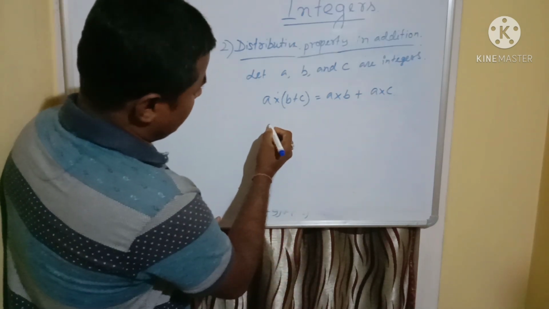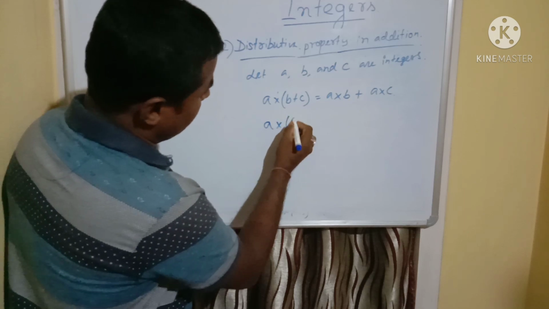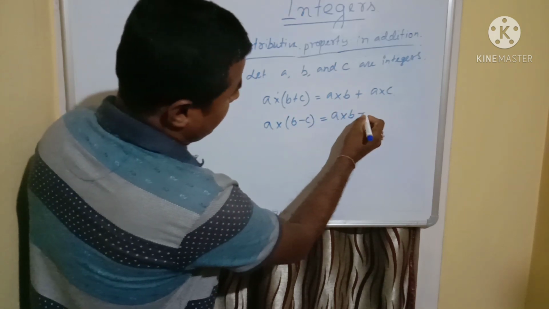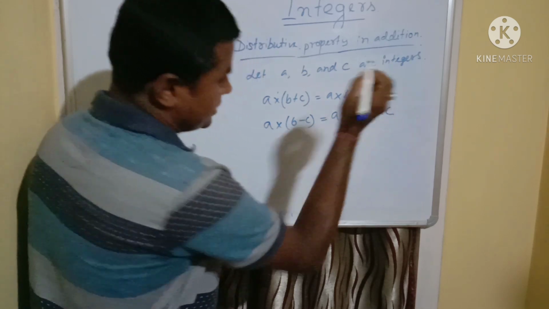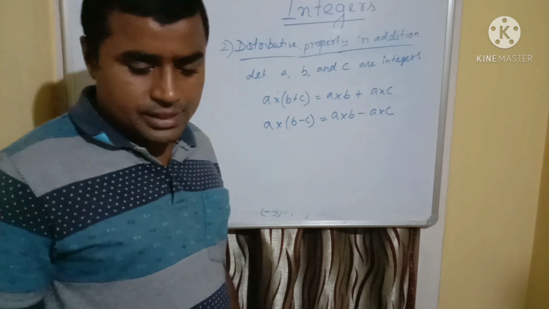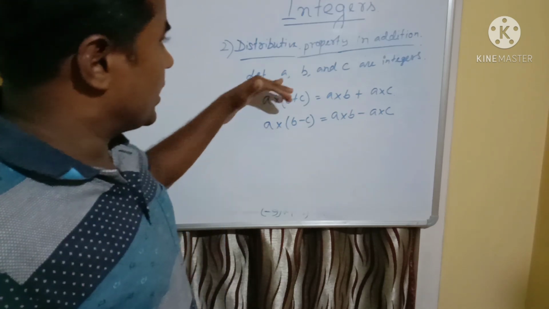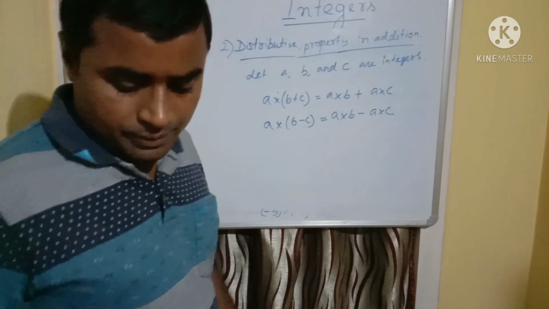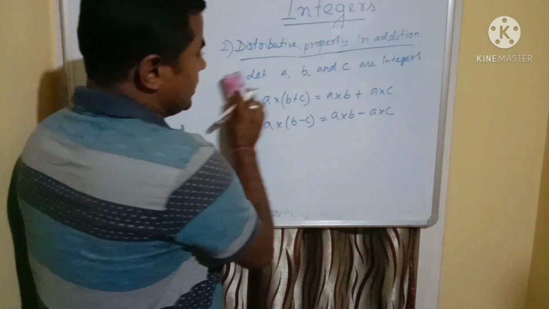Another distributive property: A into (B minus C) equals A into B minus A into C. Now in place of A, B, C we take some integers and check whether integers are closed under the distributive property or not.